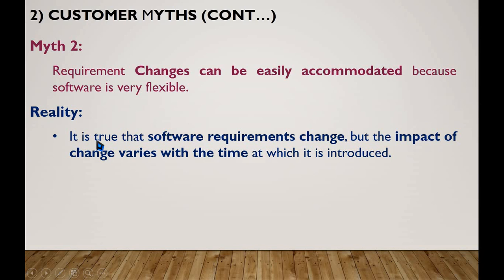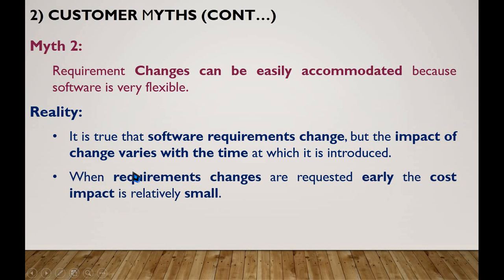If changes arrive in the starting phase of development, we can accommodate them very easily. But if changes arrive at the end of our project, that is not easy to accommodate. We will have to manage changes according to their arrival time. When requirement changes are requested early, the cost impact is relatively small.